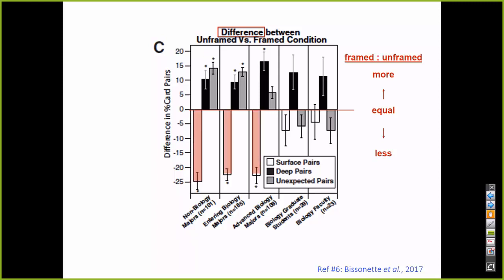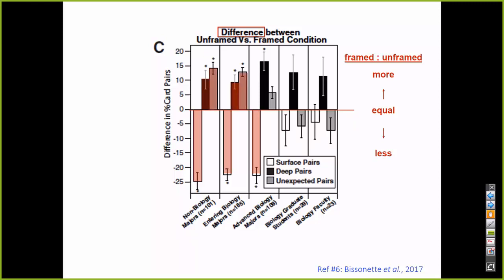So you can see here, going all the way up to advanced, seniors in college, they are initially sorting in a way that's the surface. But once you show them the card, they get rid of that. So there's a loss of these frames. But the interesting thing is where those cards are going.